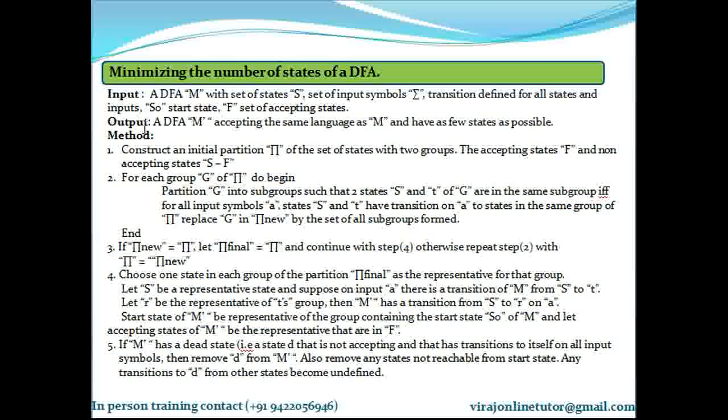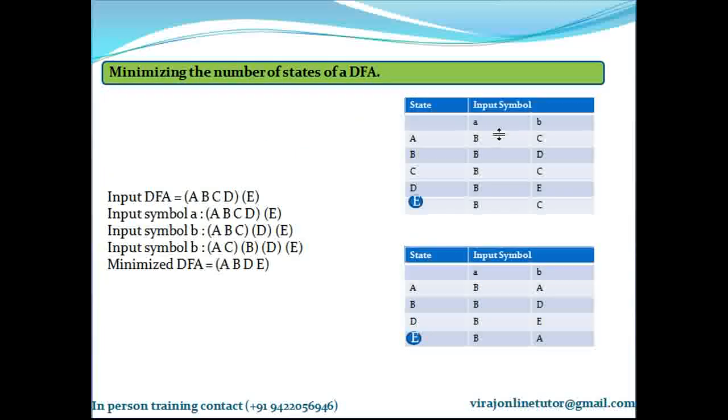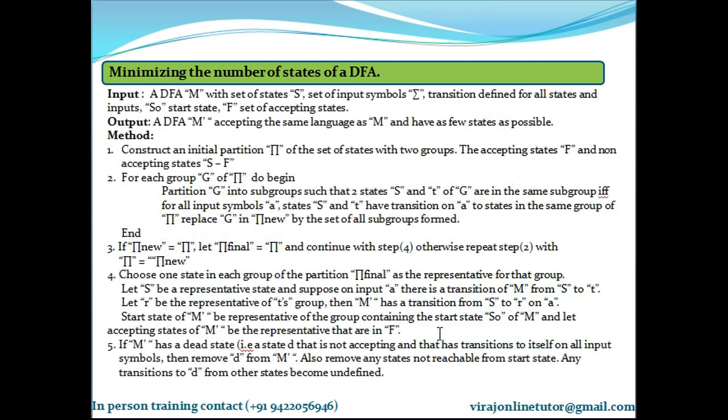So what is the output that is expected? The output expected is a DFA accepting the same language as what M accepts, but it should have as few states as possible. So the output DFA needs to accept the same language that this one accepts, just that it needs to have a lesser number of states. Okay, and how do we go about doing that? What was the first step I mentioned?